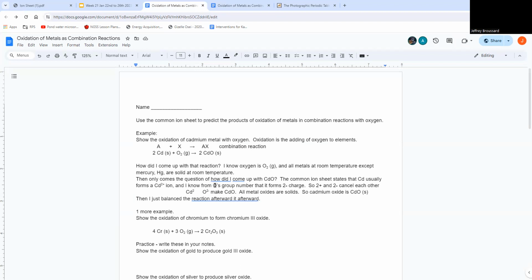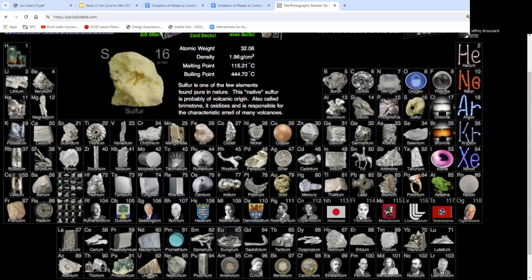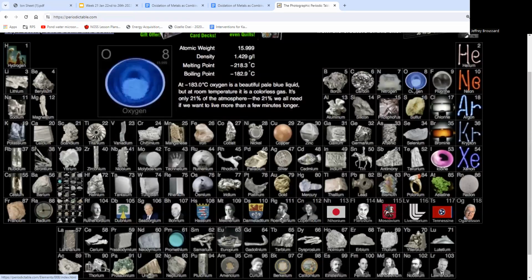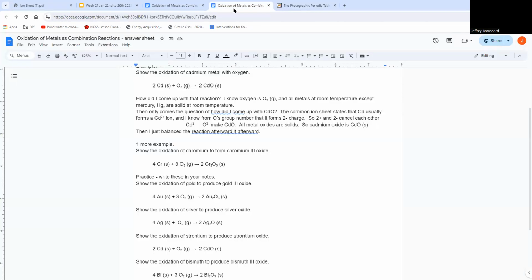And I know oxygen from the periodic table. Oxygen is right here in group 6A. And group 6A usually forms a 2- charge because it's two spaces away from neon, and it gains 2 electrons to do that. So that's a little bit of review.